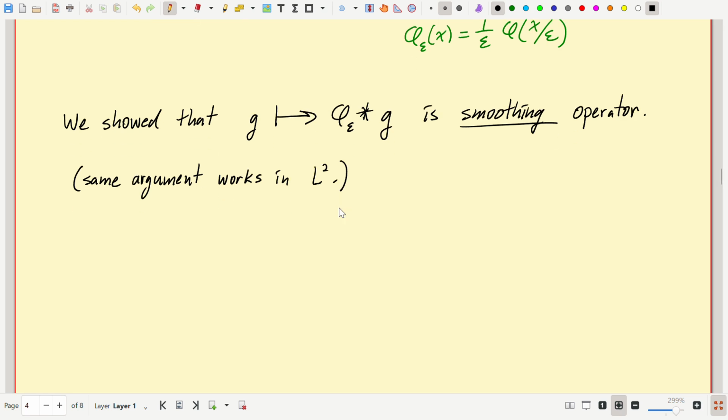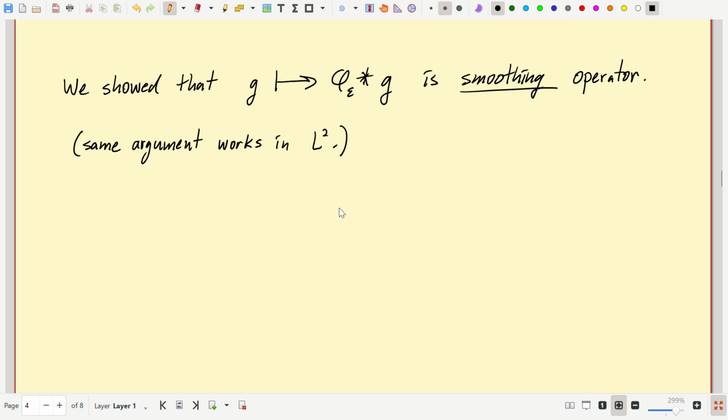And so, in fact, when something has compact support and you convolve with this thing, the result has compact support. So the aha is that phi sub epsilon convolved with my Fn's are C infinity smooth with compact support.